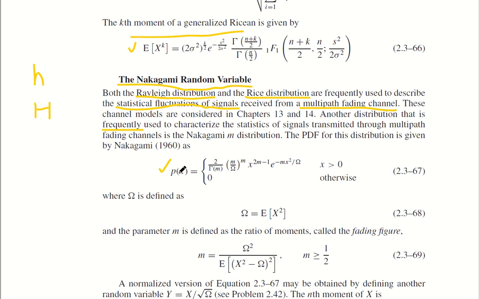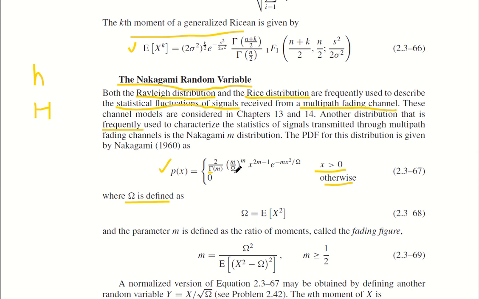Okay, so we have p of x, if x is larger than 0, equal to this, or otherwise it will be 0. And what happens is you have 2 divided by gamma of m, that is the gamma function, and parentheses m divided by omega, capital omega, and we will define it later.